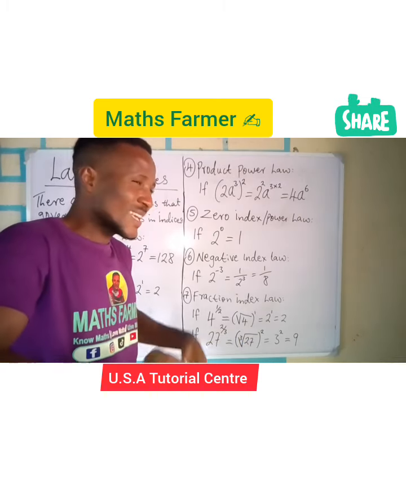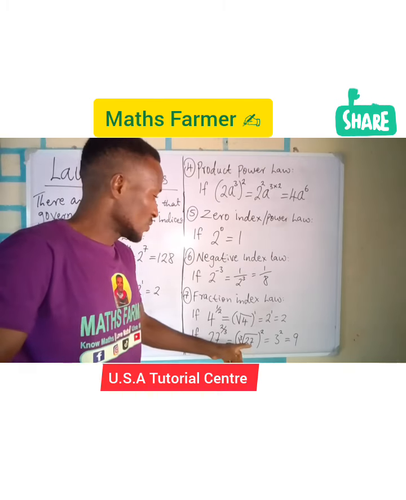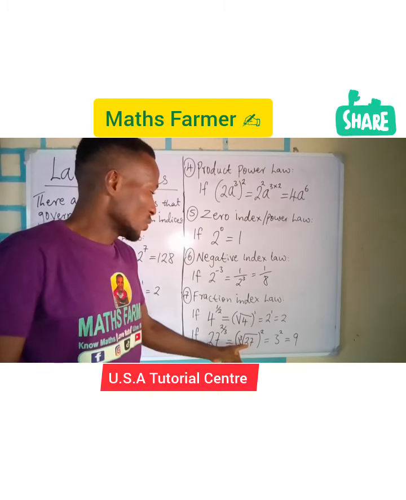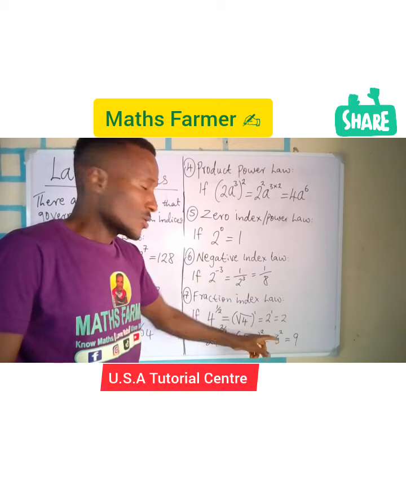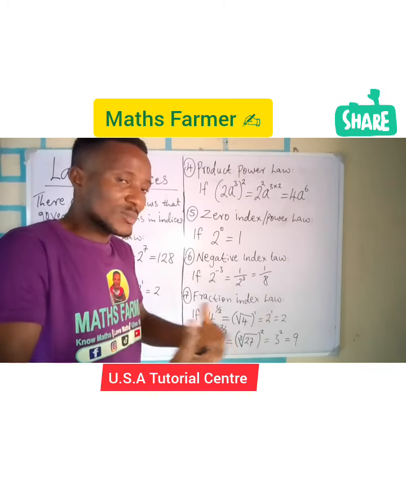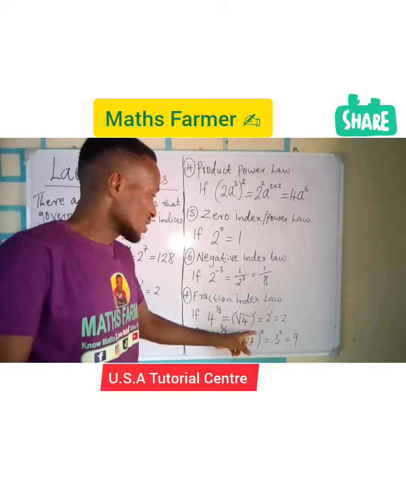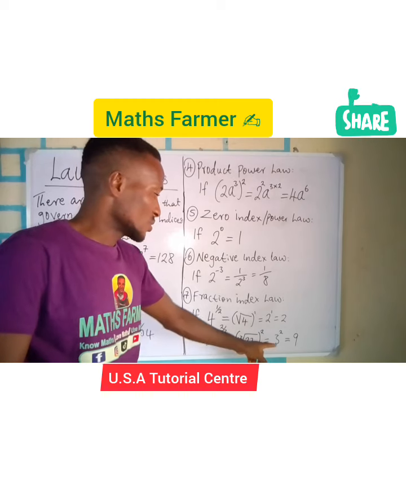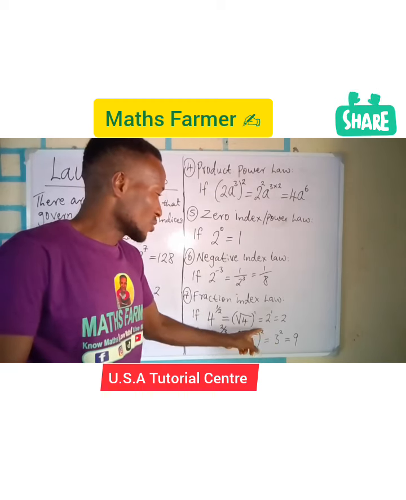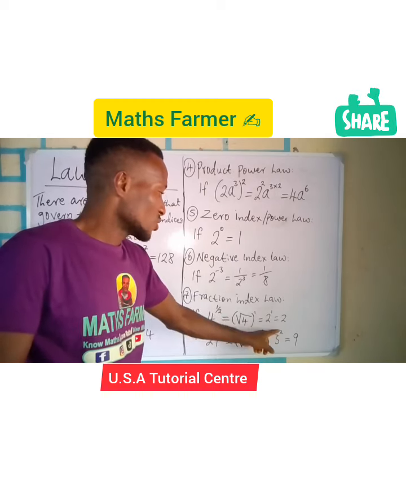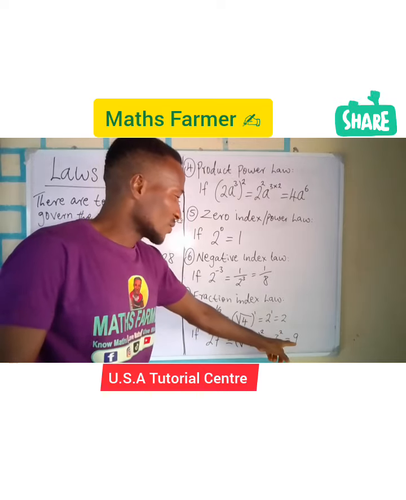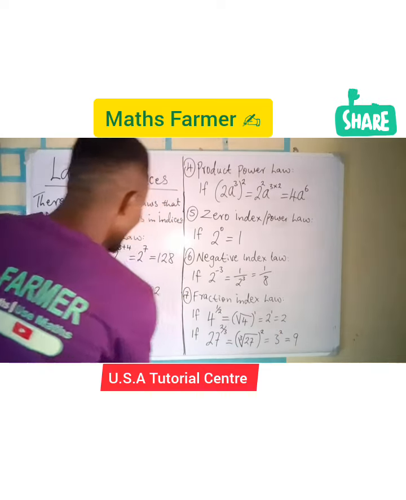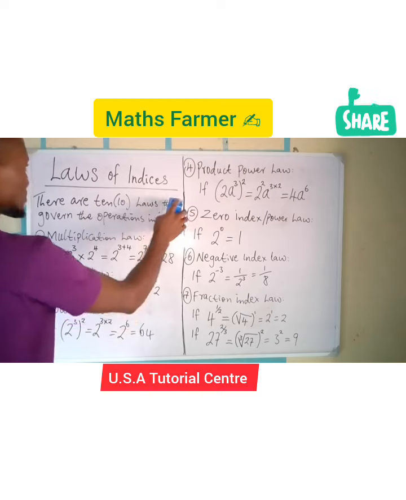It is 3, because 3 times 3 times 3 gives us 27. So the cube root of 27 is 3, all raised to the power of 2, and 3 raised to the power of 2, that's 3 times 3, gives us 9.